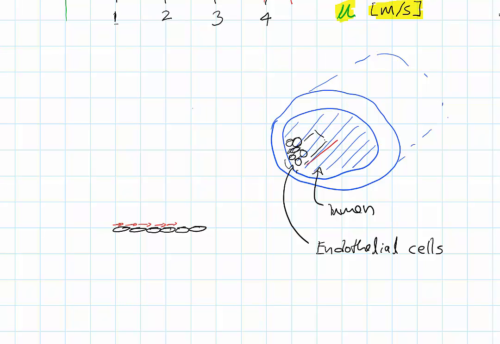So the blood is flowing like this into the blood vessel. If you zoom into this portion, near the endothelial cells the blood is flowing slowly, but as soon as you go a little bit further it's flowing faster and faster. So you have a lot of shear stress, and near the middle of the tube the blood is flowing at its full speed.